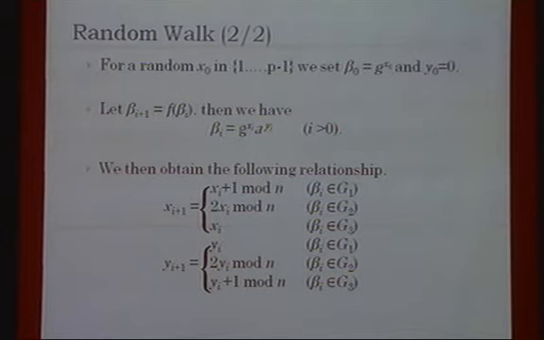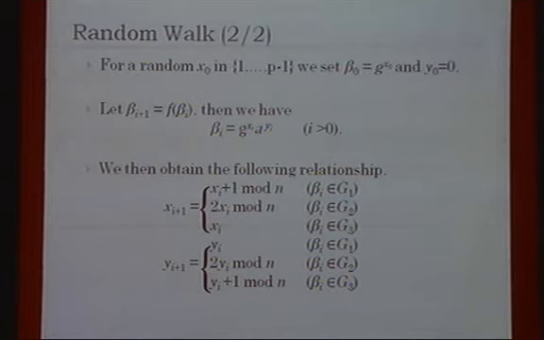And so, as you saw in the last slide, we just multiply either the base g or the target element a. Therefore, we can represent beta i in this form, g to the xi and a to the yi. And we want to keep these exponents and use them to solve the DL problem. Then, what's the relationship between xi plus 1 and xi, and yi plus 1 and yi? It is written like this.